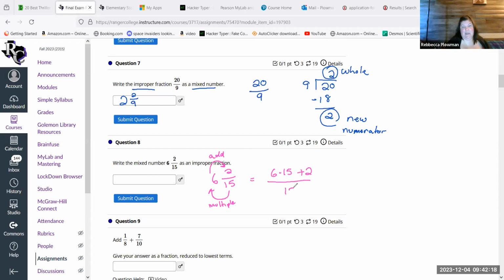And we still keep the denominator of 15. So 6 times 15 is 90, so this ends up just being 92 over 15. And as I said, if I gave you this one, it'll be much smaller numbers. You won't end up with a 92, hopefully.